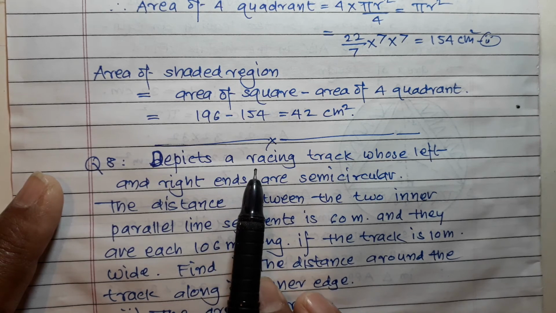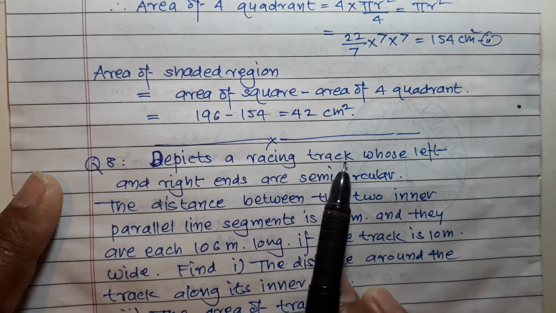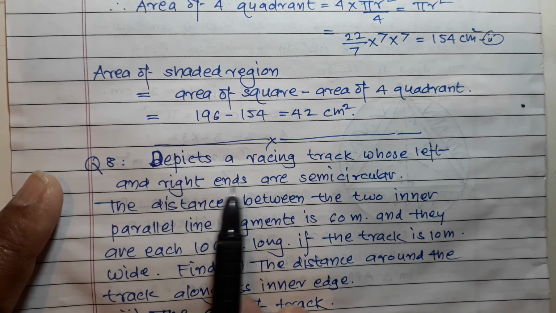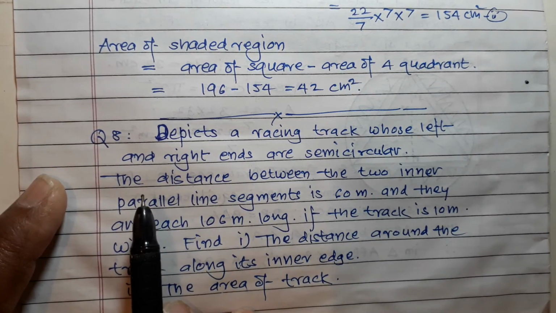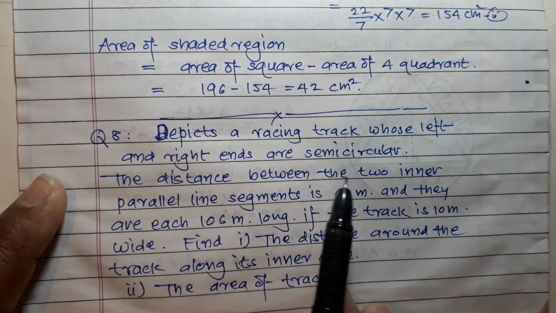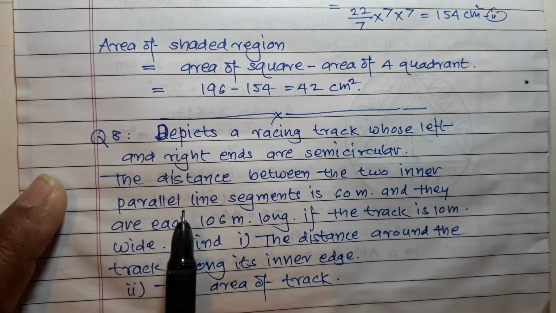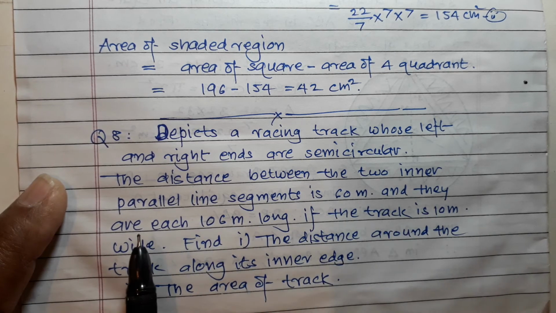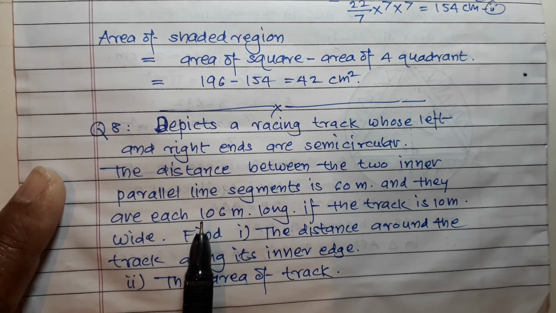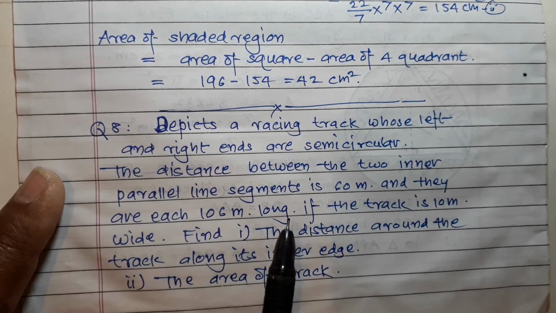Question number 8. Depict a racing track whose left and right ends are circular. The distance between the two inner parallel line segments is 60 meter, and they are each 106 meter long.